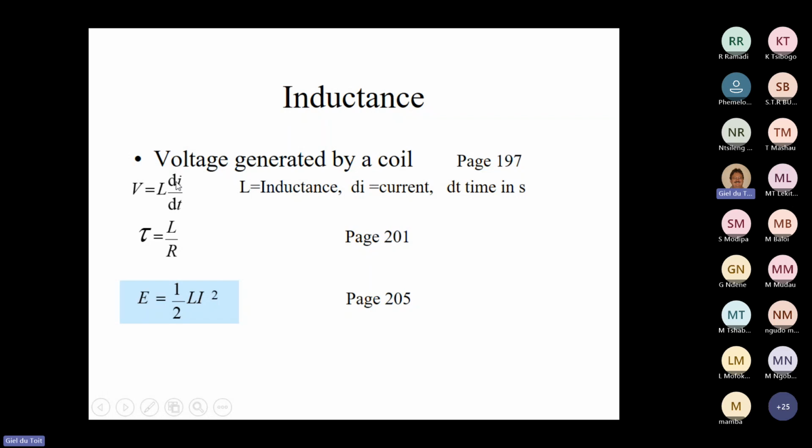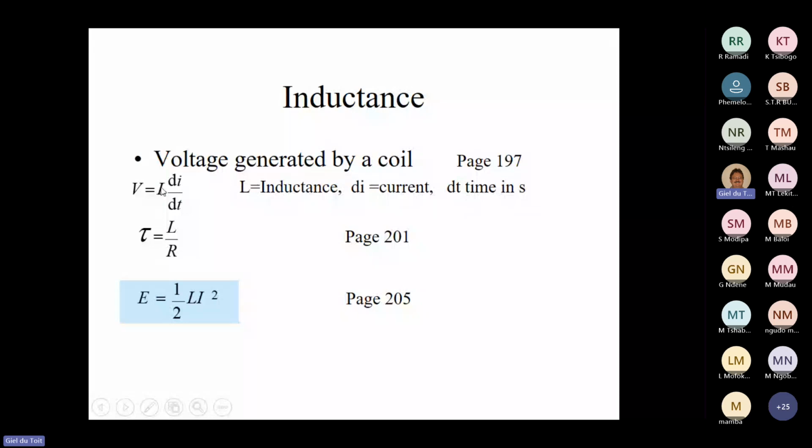If I change the current from 1 ampere to 1000 ampere, then di, the change in current, will be 999. If I change the current from 0 ampere, there's no current in a coil, to 10 ampere, then di, the change in current here, will be 10. So this gives you an idea how this formula works.